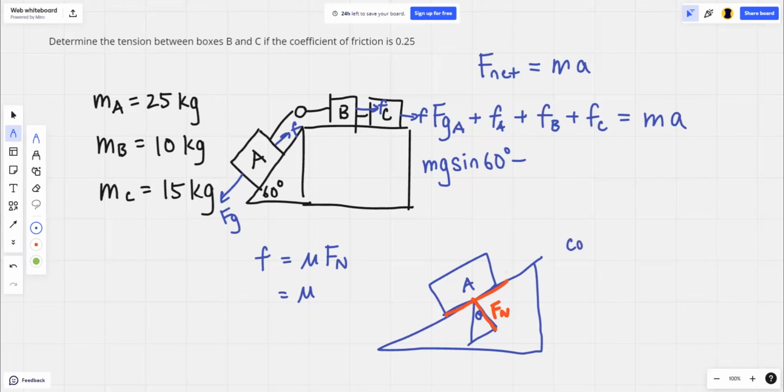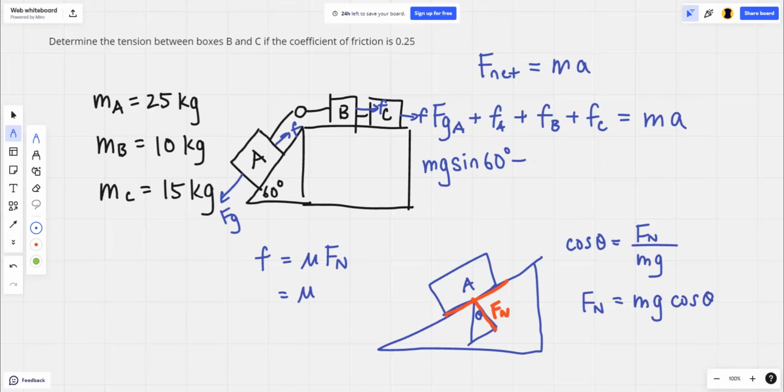So cos theta equals Fn over hypotenuse, which again is mg. And then to isolate for the normal force, multiply mg by cos theta. There, that's the equation for the normal force when an object is on an incline.